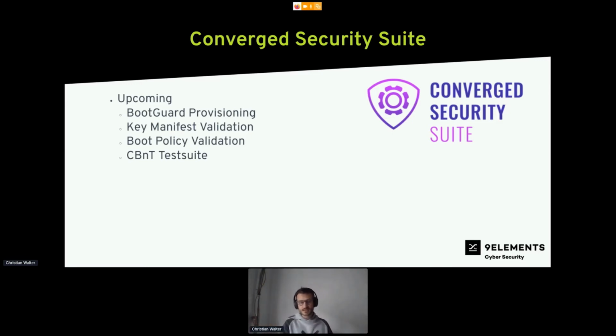If that is actually not the case, we're getting into trouble here. So that means if you want to have a secure system, you need to know what your firmware is actually doing and how it is configured. And to solve this problem, we developed the Converged Security Suite, which basically does the job for us.